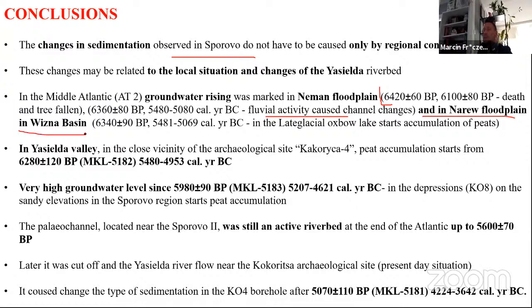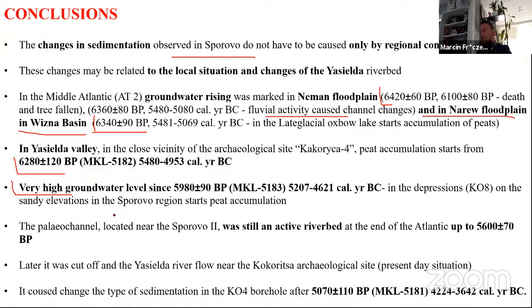Piotr also presented this macromeander, which was dated to about 10,000 BP, and on the calcareous gyttja starts the accumulation of peats since that date. In Jasielda, we are dealing with a similar situation, when the accumulation of peats starts about 6.2 thousand years before present.